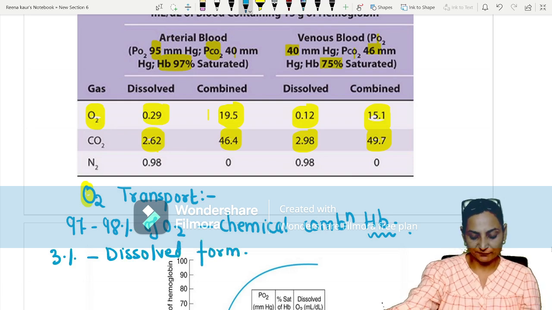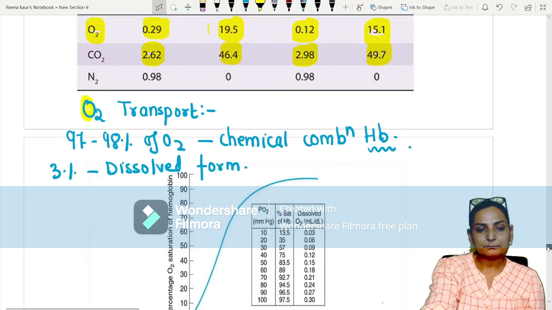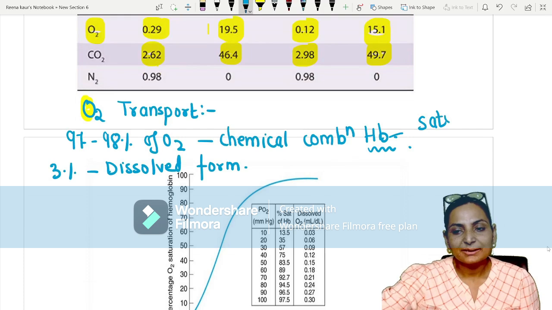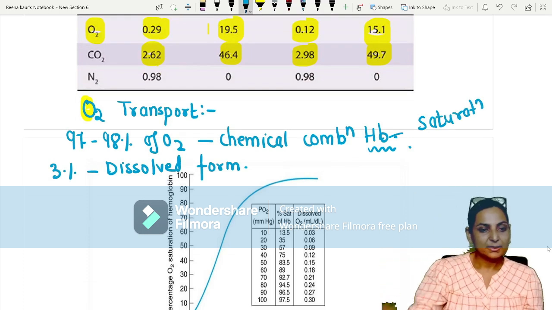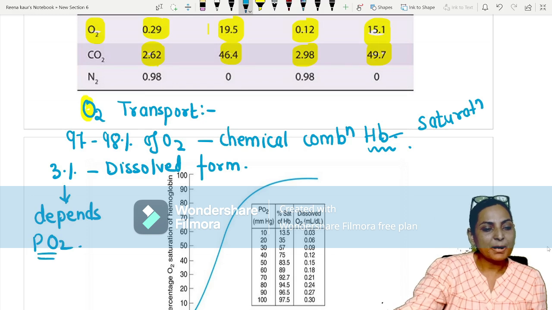In the dissolved form. But what is important is that this chemical combination will show saturation. That means after 100%, you cannot bind more oxygen. But the dissolved form depends upon the partial pressure of oxygen.